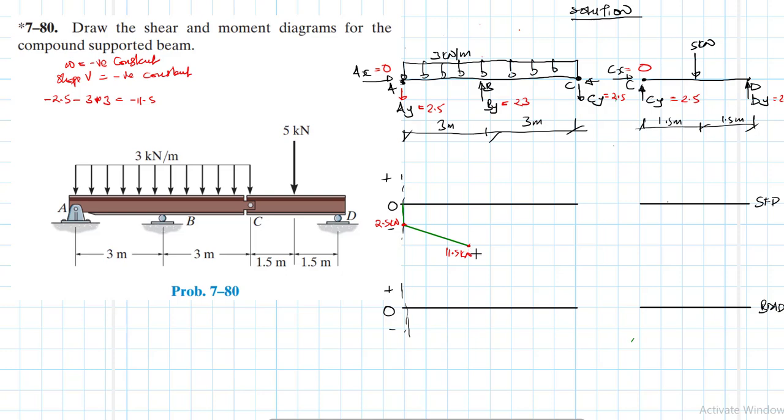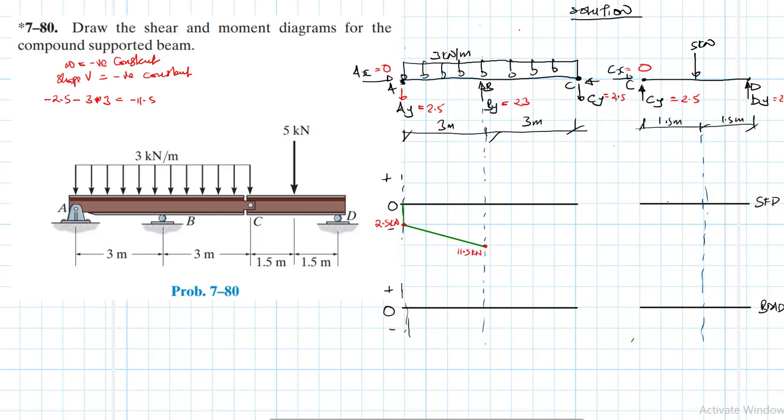Then at B, I have not indicated where exactly it is supposed to be, so let me demarcate these lines so it's easier to locate. So we said 11 is here, and this value is 11.5 kilonewtons.